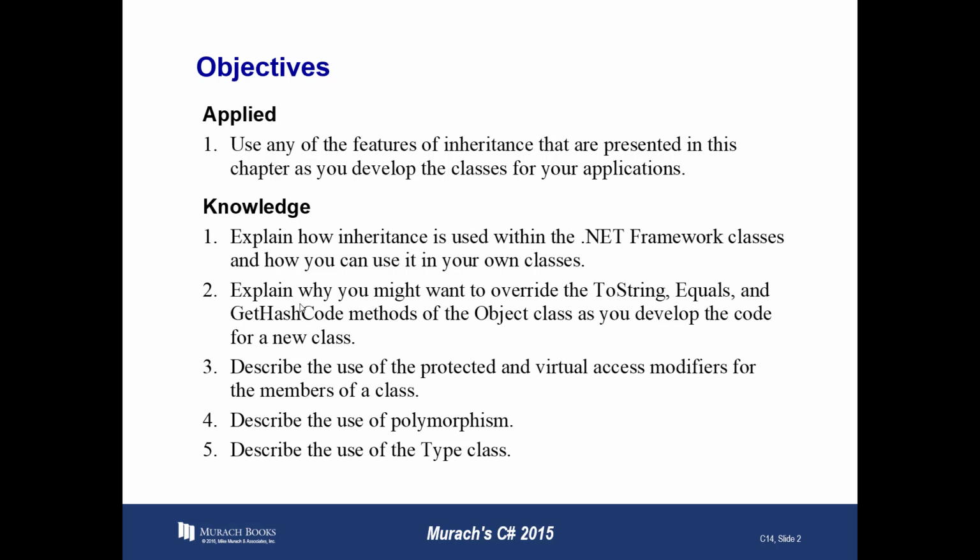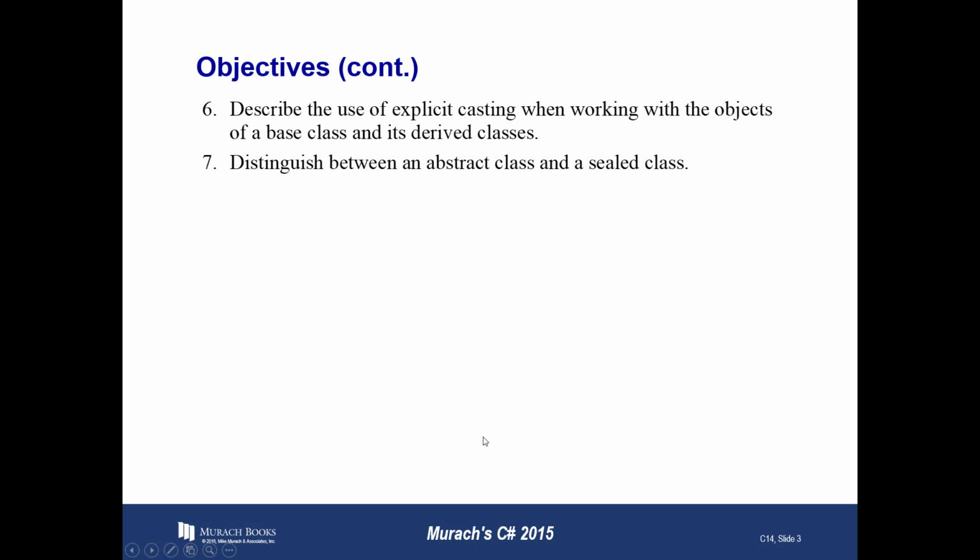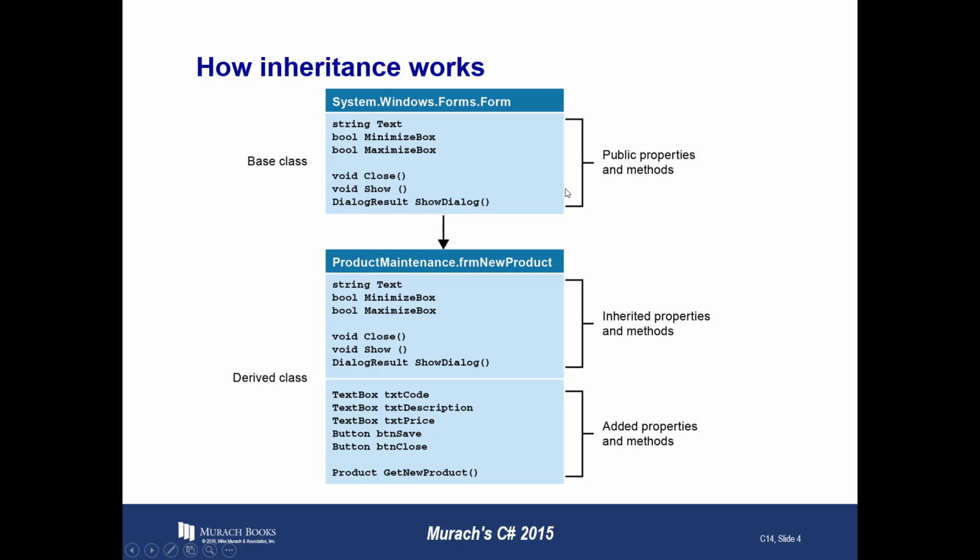Explain why we might want to override toString, equals, and get hash code methods. Describe the use of protected and virtual access modifiers. Describe the use of polymorphism. Describe the use of the type class. Describe the use of explicit casting, and distinguish between abstract classes and sealed classes.